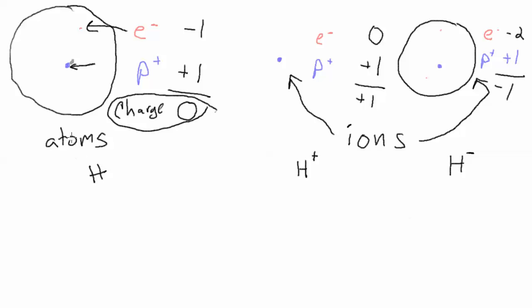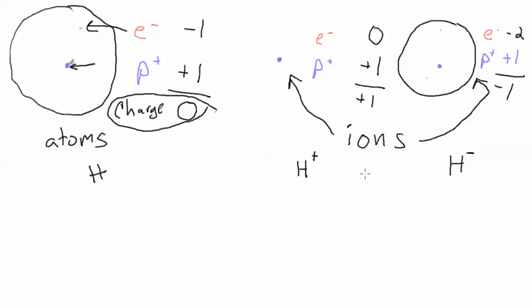And ions, you can have ions with all sorts of different elements, but the key is, when the protons are different, then you have different elements. And if the protons are the same but the neutrons are different, then you have different isotopes. If the protons are the same but the electrons are different, then you have different ions.